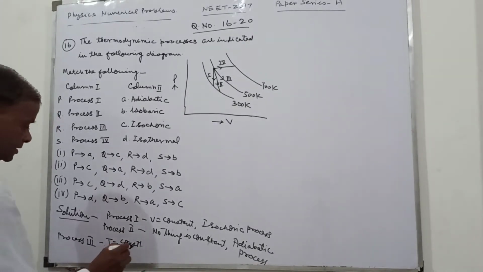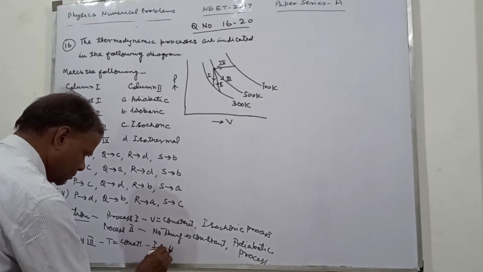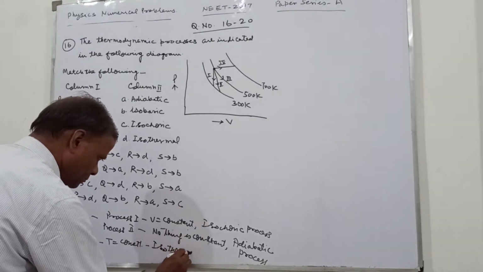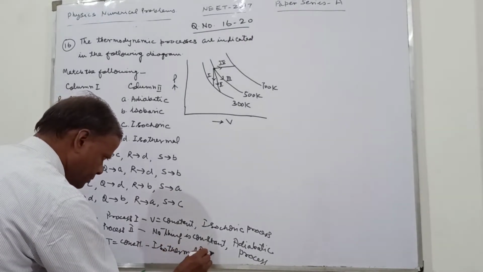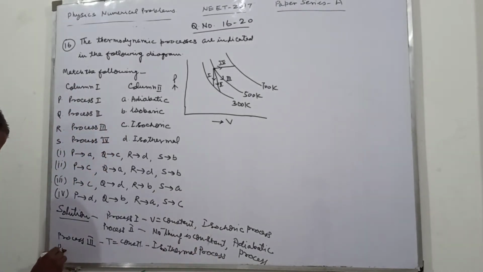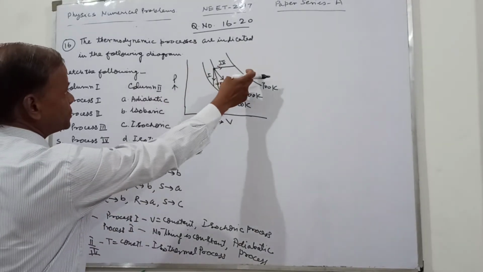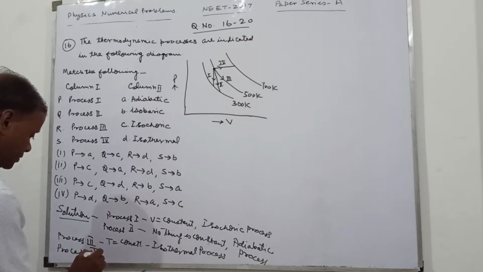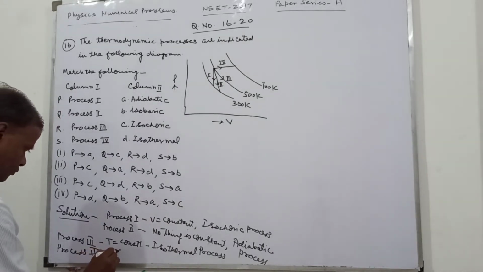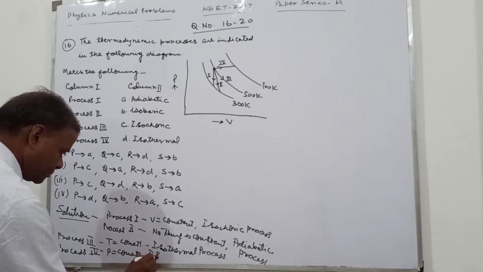Temperature constant means that this is an isothermal process. And now process fourth. In process fourth, the pressure is constant, P equal to constant. So this is isobaric.